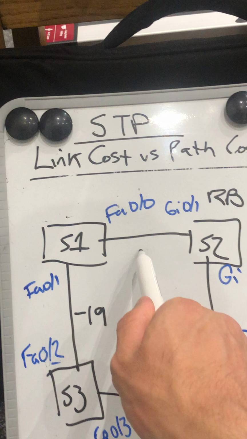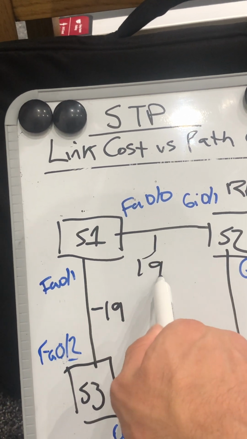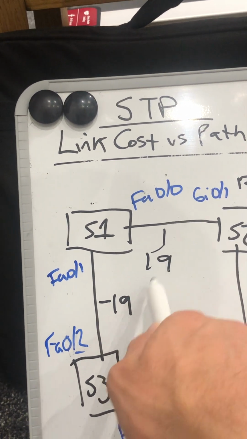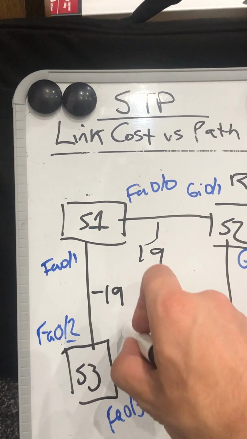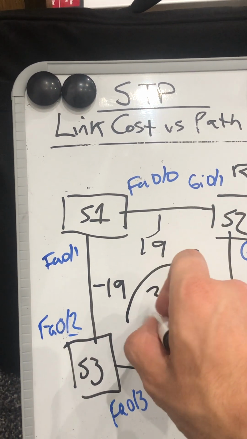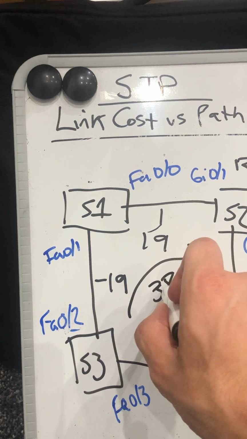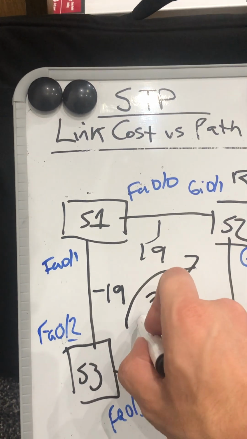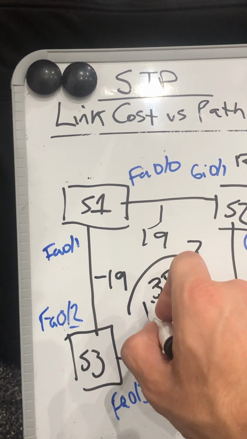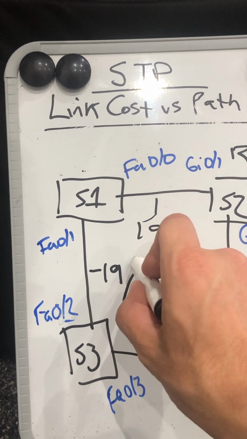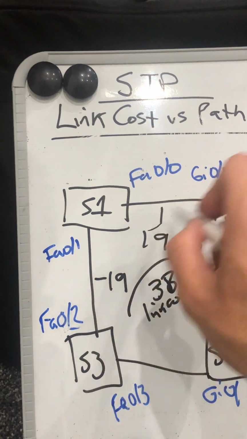So this one would also be a fast Ethernet link, so that'd be 19. So 19 and 19 would be 38. That'd be 38 to go this way, going from S3, S1, S2.